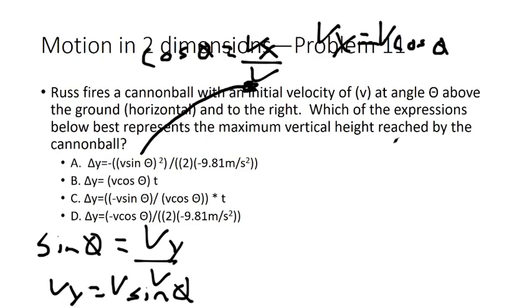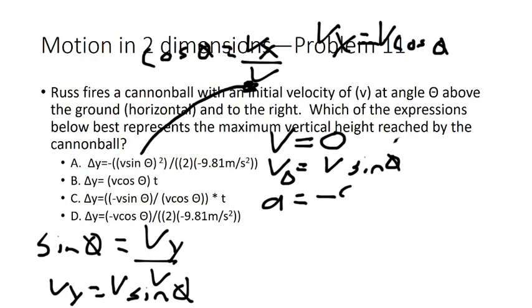So here's what we know. At the maximum height, the final vertical velocity at that point is 0. The initial vertical velocity is v sine theta. The acceleration between those 2 points is the acceleration due to gravity. And I think that's enough to help us work this problem out.